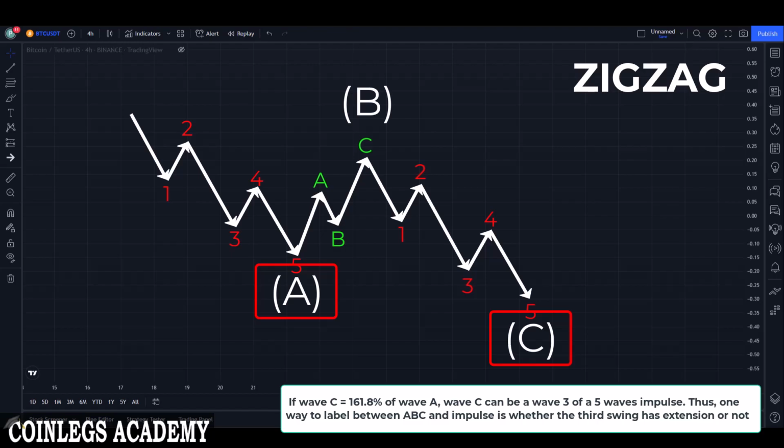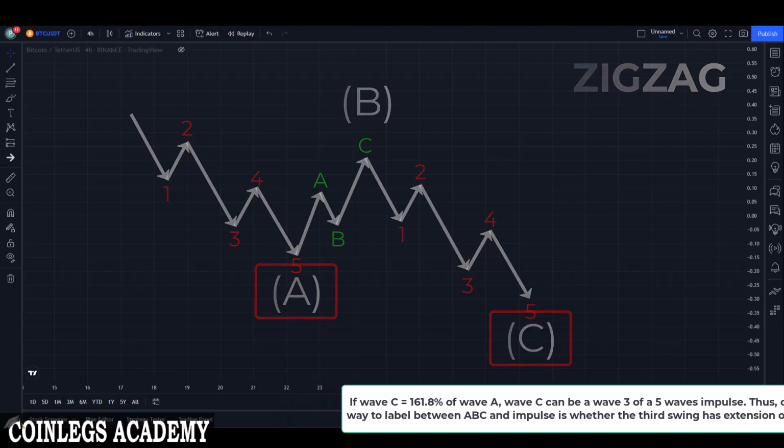Thus, one way to tell the difference between an ABC and an impulse is whether the third swing has an extension or not.